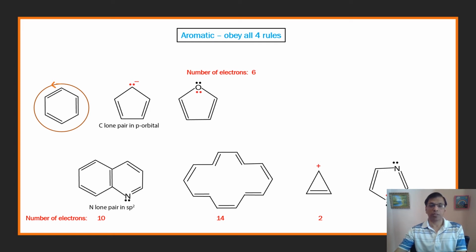This compound is called furan. It has 2 double bonds in a ring, and one of the lone pairs of electrons on oxygen are in the p orbital, and hence it does obey the Huckel's rule of 4n plus 2, since there are 6 delocalized electrons. It's aromatic since it obeys all the 4 rules.